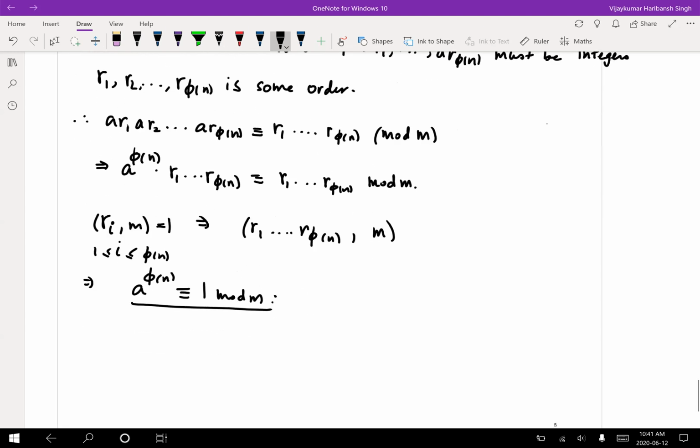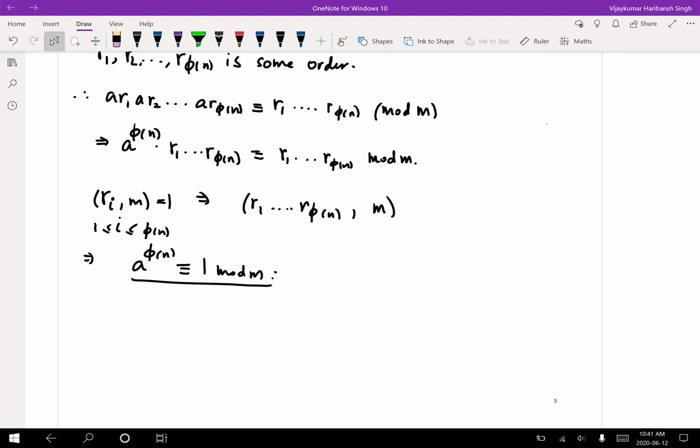Now, this is very powerful in some sense. Why is it powerful? Let's see an example. Say you want to see what is the last digit of 3 to the power 8.